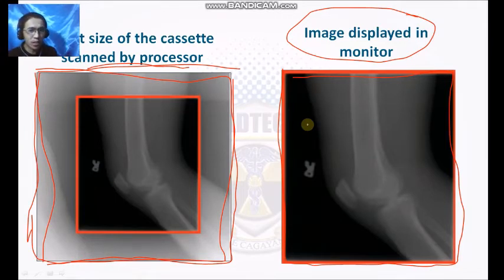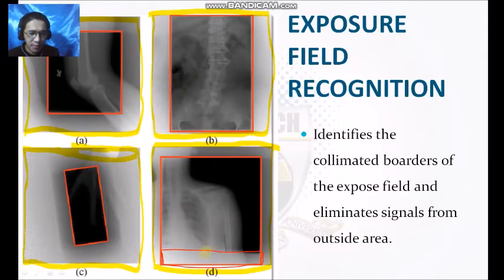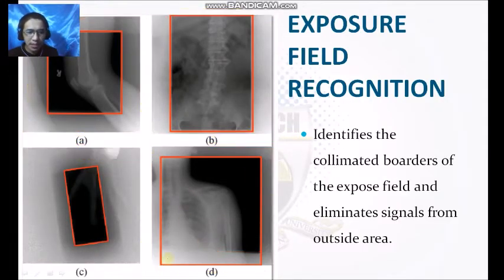This is the exposed field, so this is the only part of the image that will be displayed on the monitor. So there should be no excess. Like for example, on this image, there is an excess image that is displayed on the monitor. That means it made an error. That means it did not recognize it.